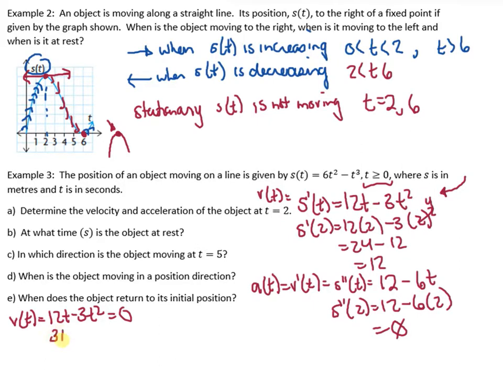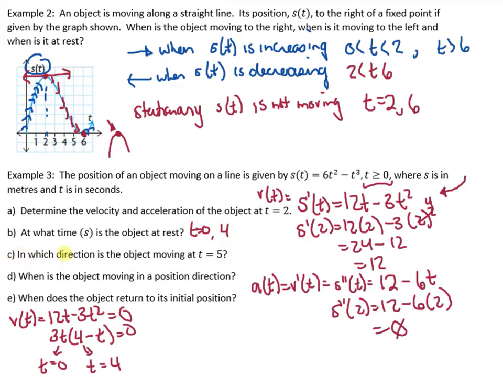I'm going to factor out a 3t. We're left with 4 minus t. So we know that the object is at rest at t equals 0 and t equals 4.